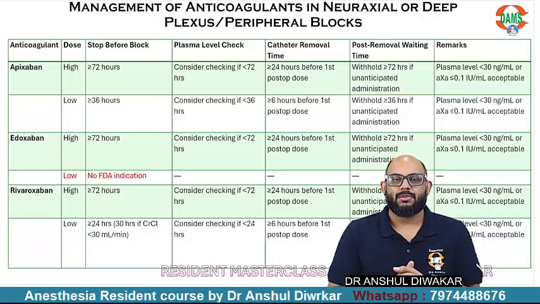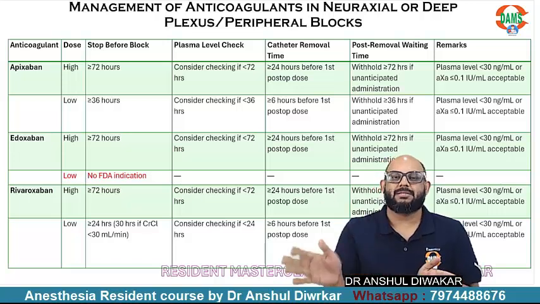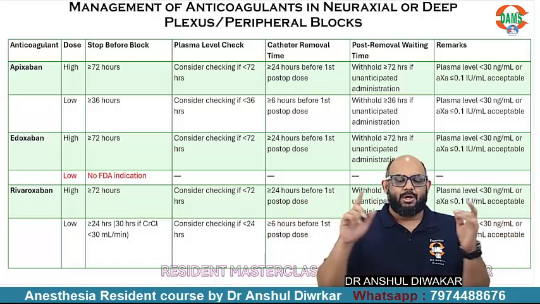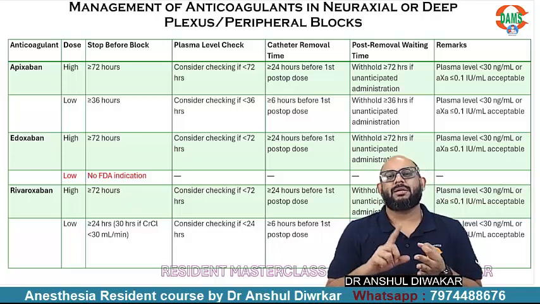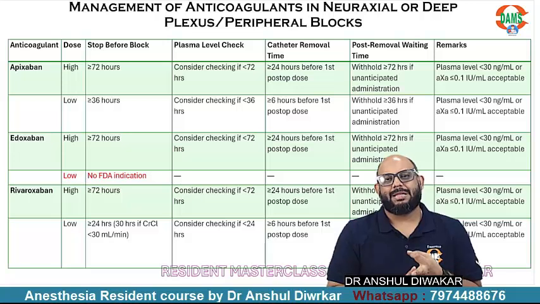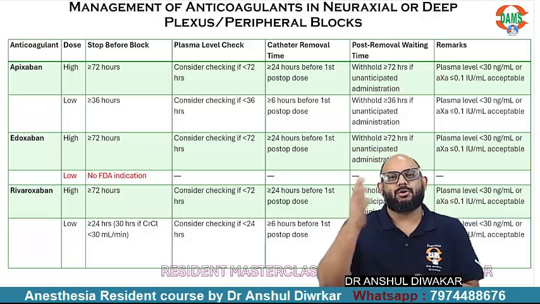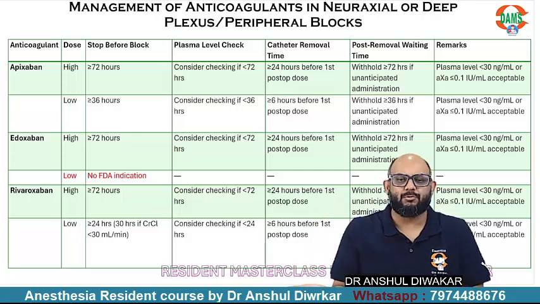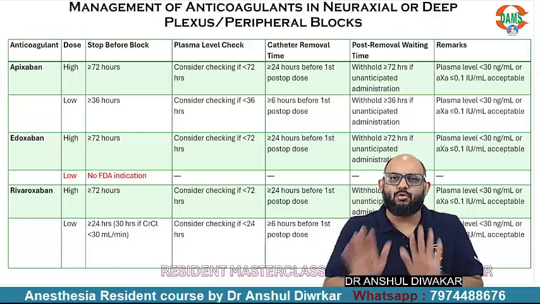All right. So let's start with the management of anticoagulants in neuraxial or deep plexus block. So now you have defined everything. You spoke about what ASRA wants to do, what methodology it is following, what is the improvement from the last edition, what is the concept between time of discontinuation to the first dose after catheter removal, and you have understood all the scales, all the scores that it has used.